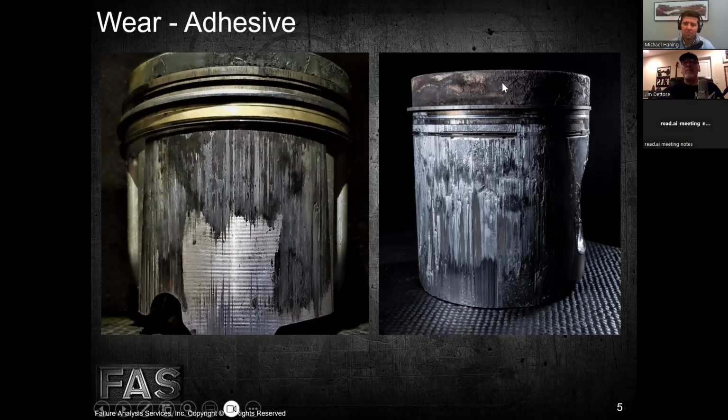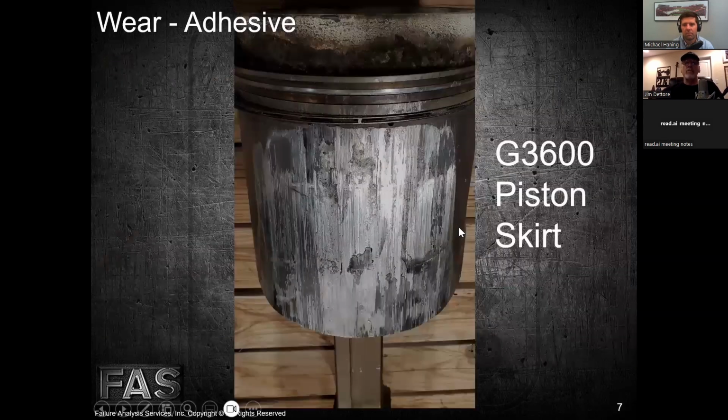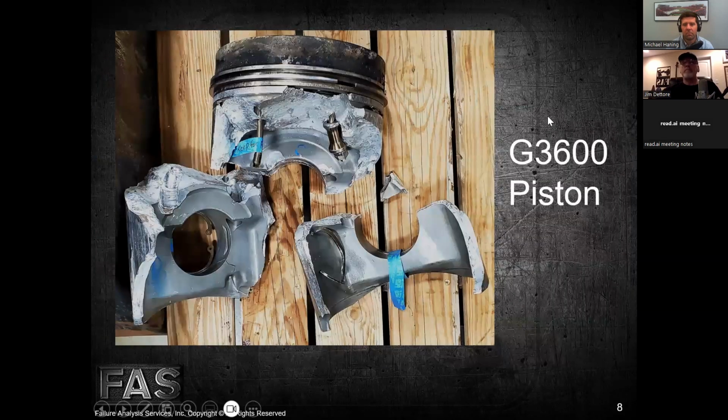Oil consumption problems, catalyst plugging problems, emission related issues, as well as excessive amounts of heat and potential catastrophic failure. So when we talk about potential catastrophic failure, if we look at this piston here, what that can progress to, Michael, is as this is seizing in the bore and the heat perpetuates, it just continues to build, the piston's getting larger and larger, that it actually begins to pull itself apart.